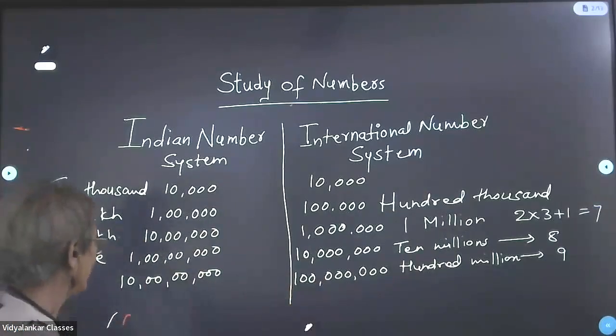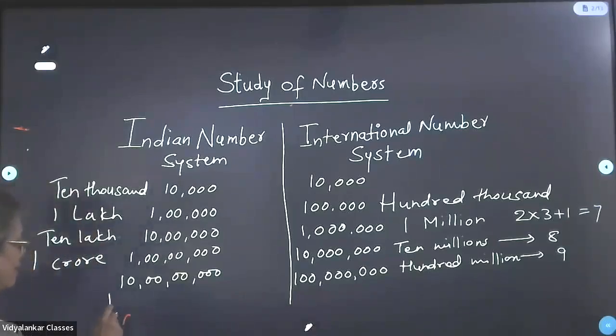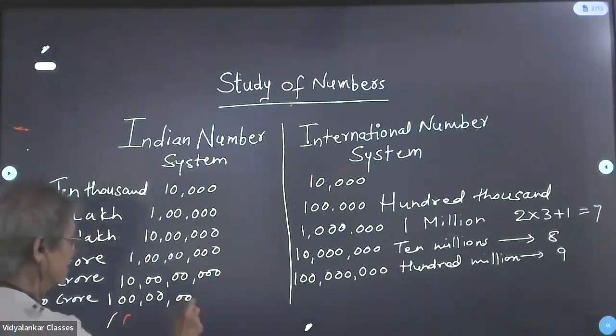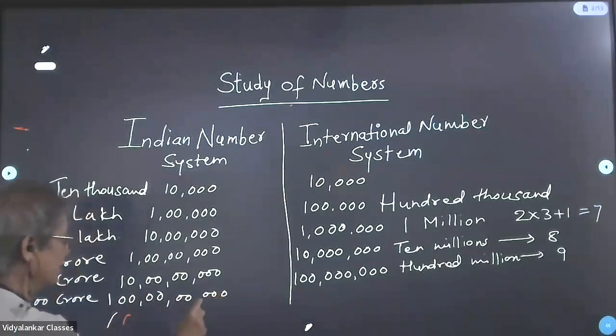And then after that, what happens? We have 100 crores. This is 10 crores, right? And this is 100 crores. See the number of zeros: 3, 4, 5, 6, 7, 8, 9 zeros.